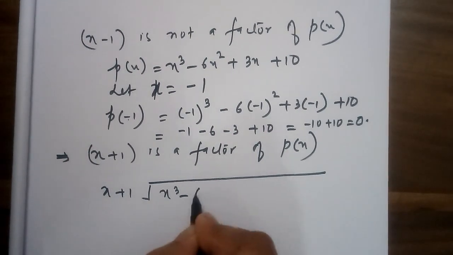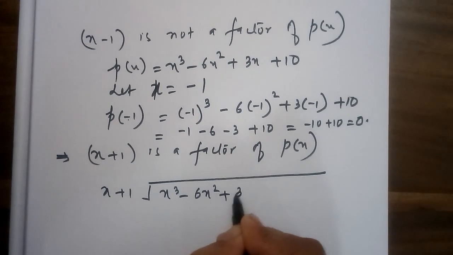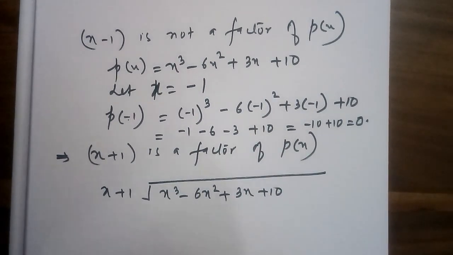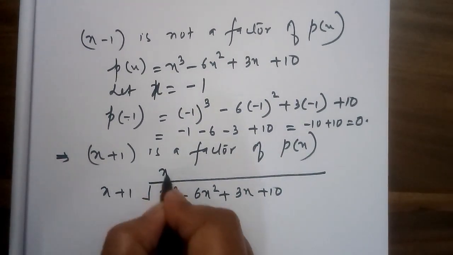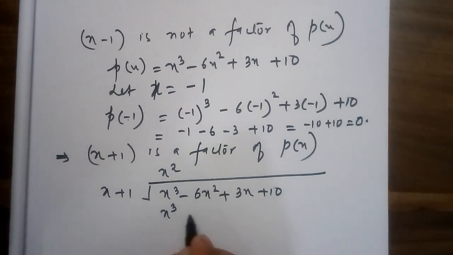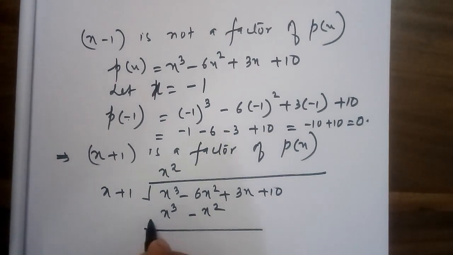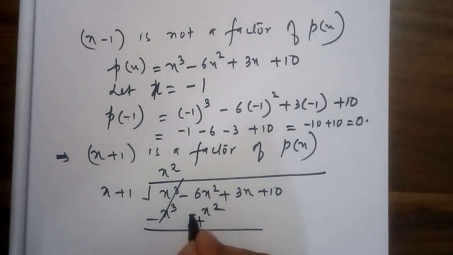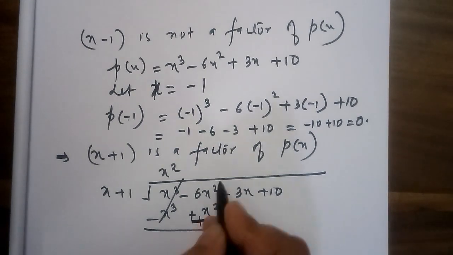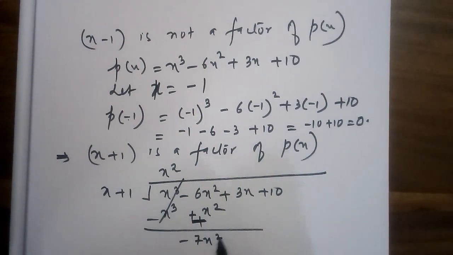So I get x cube minus 6x square plus 3x plus 10. I start dividing. x square: I get x cube minus x square, and I change the sign. This is plus x square, so this becomes minus. So I get minus 7x square plus 3x plus 10.